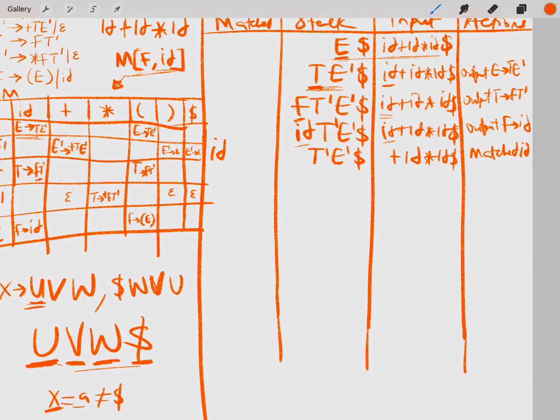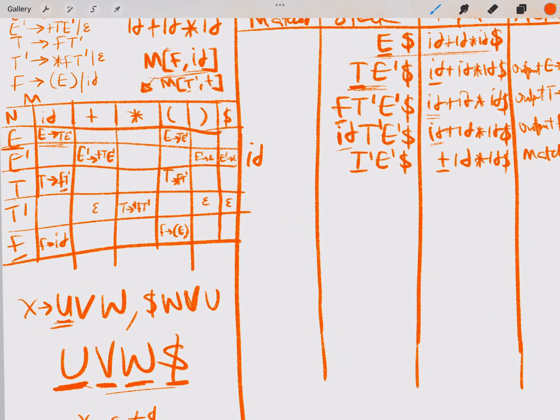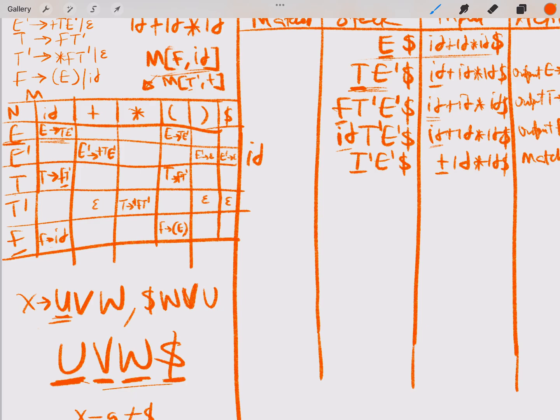What next do we do? T prime and plus, because T prime is a non-terminal and plus is the input symbol. So what do we have here? Let's look at this. T prime on plus. Oh, I think I might have made an error somewhere.